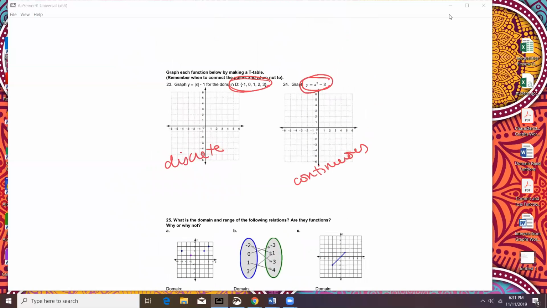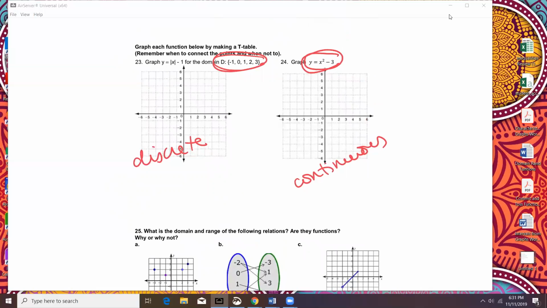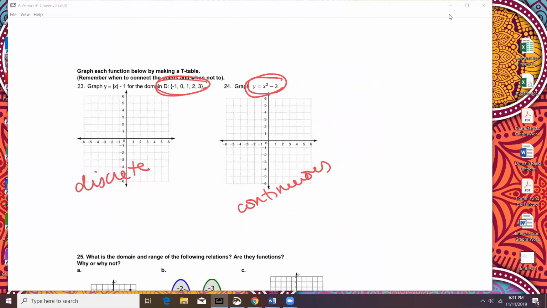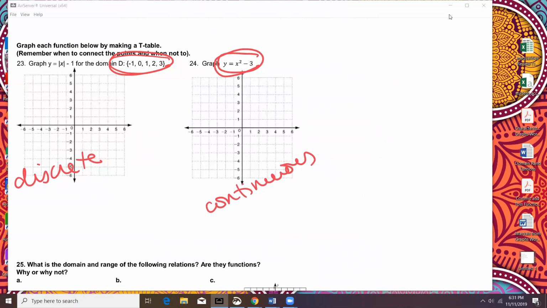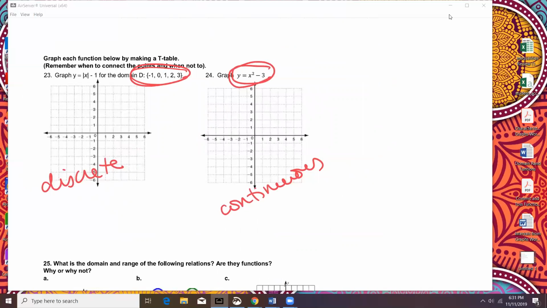And on number 24, how do you graph that? If you're not given the domain, you're going to have to come up with your own values to graph.